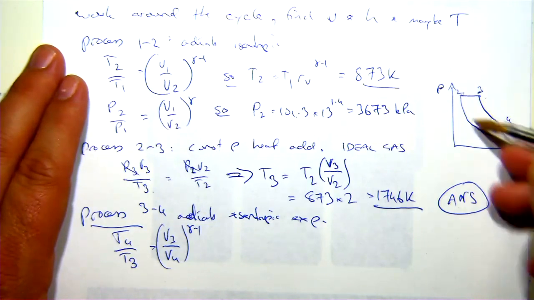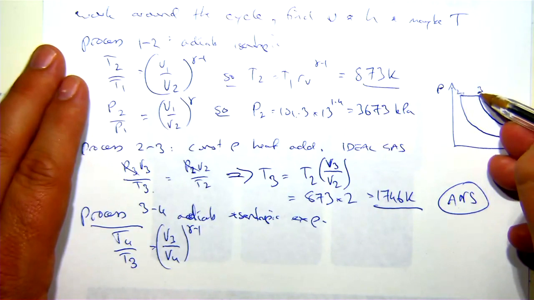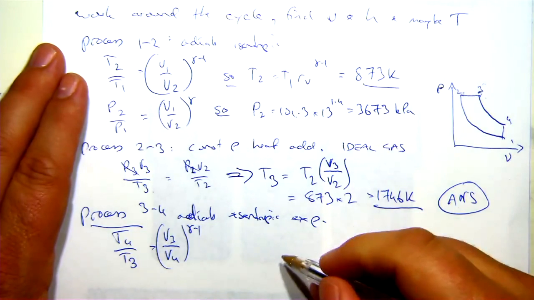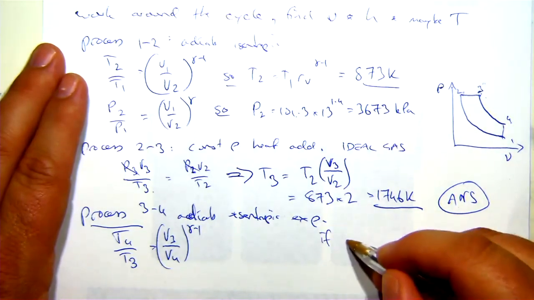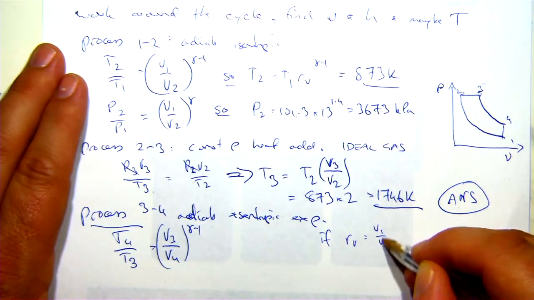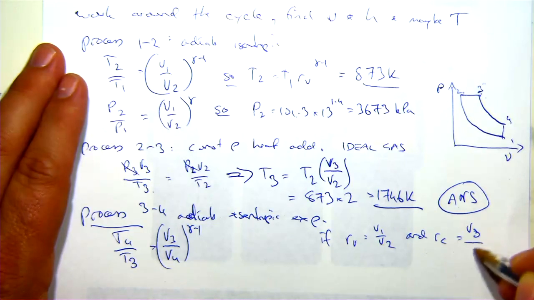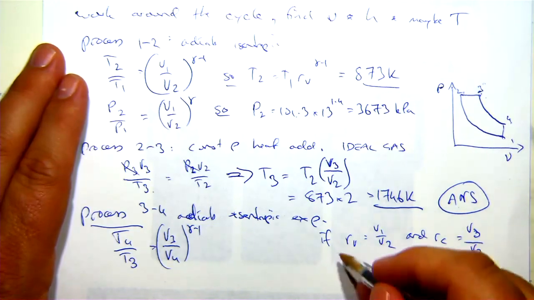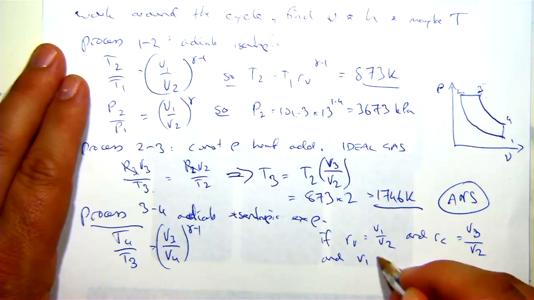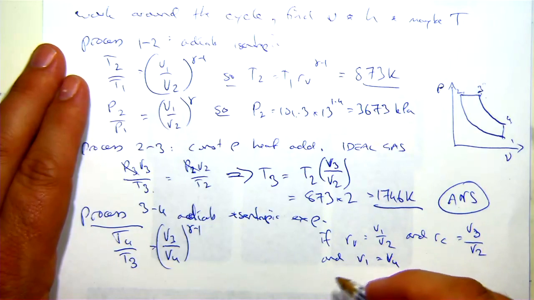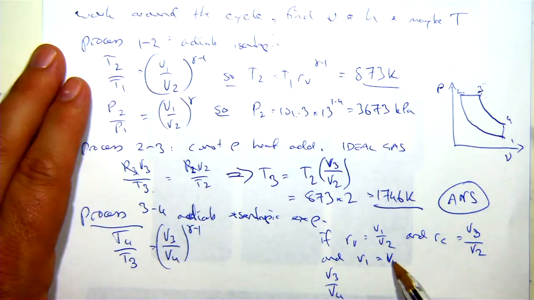If I know the volume ratio from here to here and from here to here, I should be able to back calculate to work out what's the volume ratio from 3 to 4. So I'm going to do that over here. If RV equals V1 on V2 and RC equals V3 on V2, and V1 equals V4 by definition of the cycle, if I want V3 on V4, if V1 equals V4, that's the same as saying that this is V4 on V2.